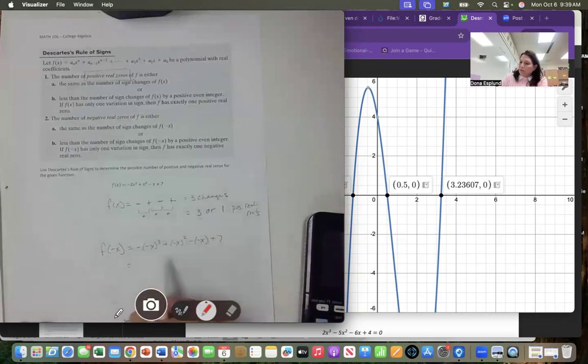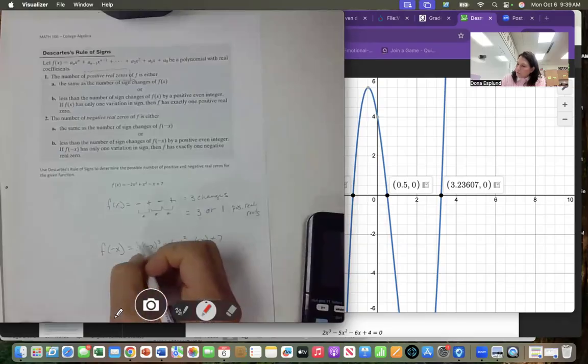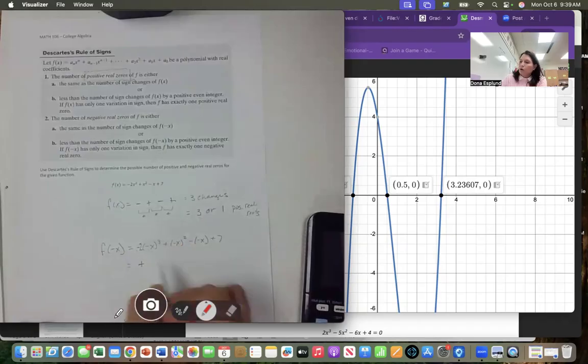Then I'm going to simplify it a little bit. Negative x to the third is negative, times a negative, that makes it positive, correct? I'm just worried about the sign in between, so it's not going to change the fact that it's still going to be a positive number. I'm really worried about whether it is positive or negative, but I don't have to know what it is.